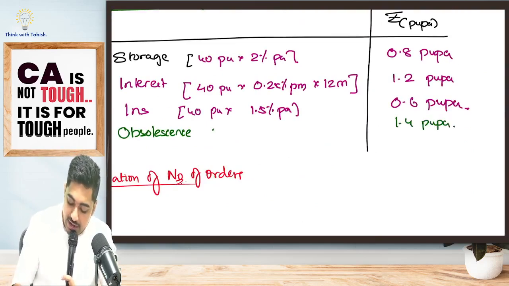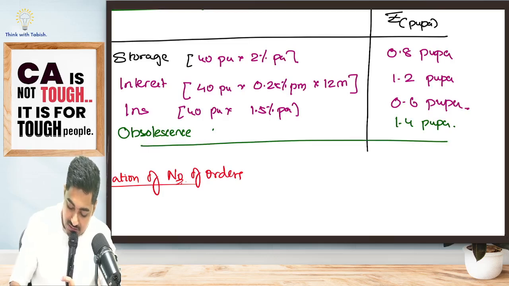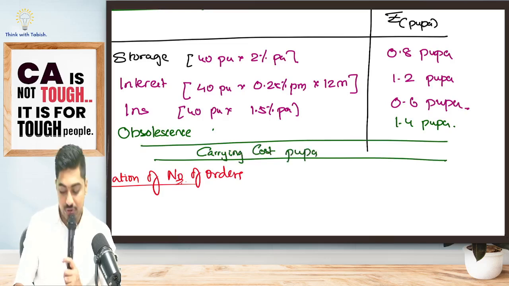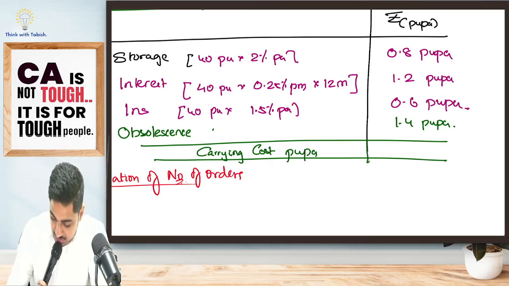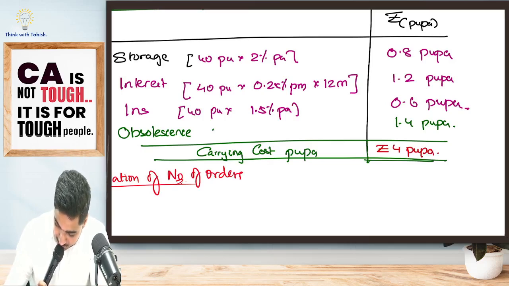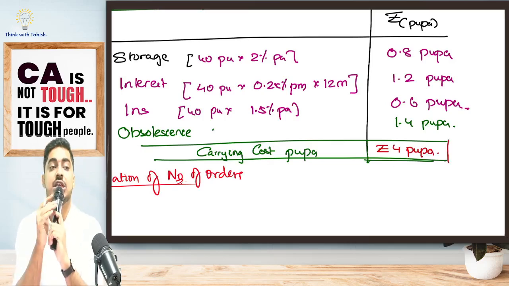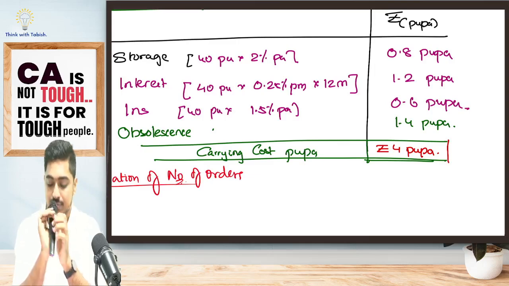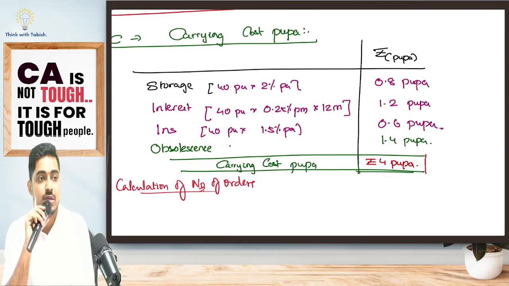That means if I add all these things, will I be getting my carrying cost? Pupa. Yes or no, everyone? How much is it? Is it going to be 4 rupees per unit per annum? Is this clear? Yes or no? Perfect. Okay. Writing is over.